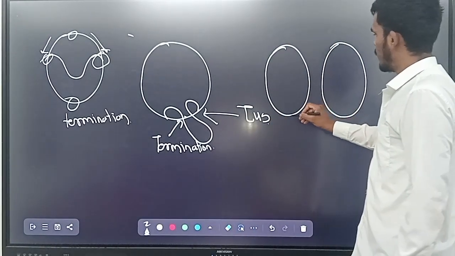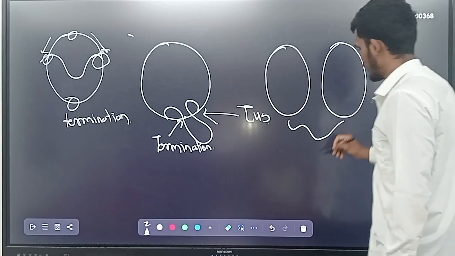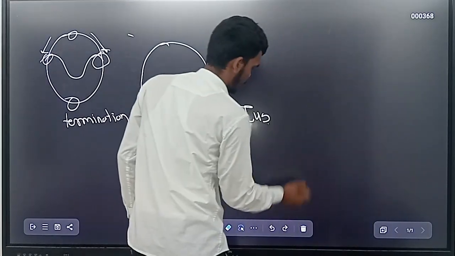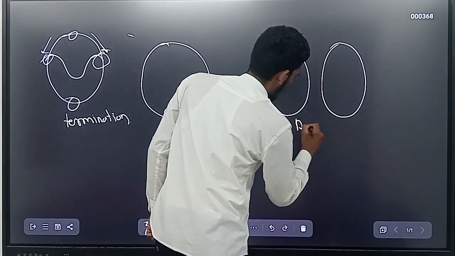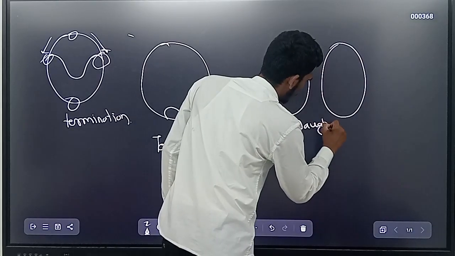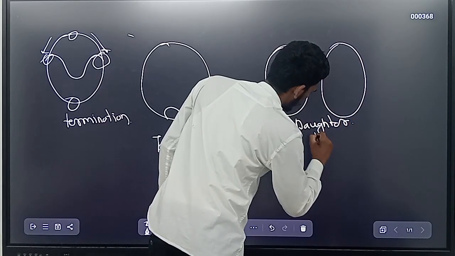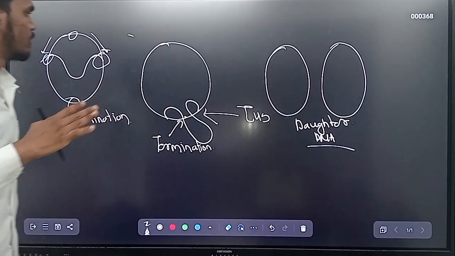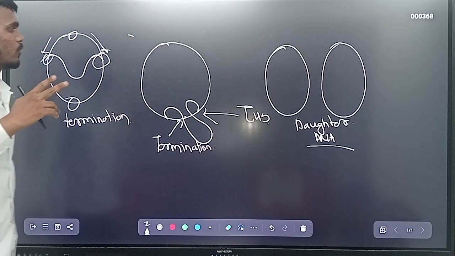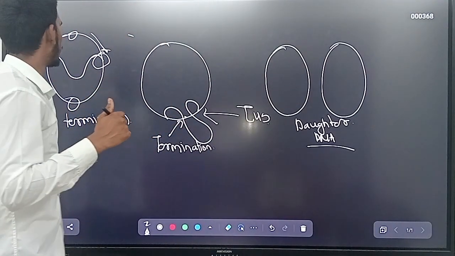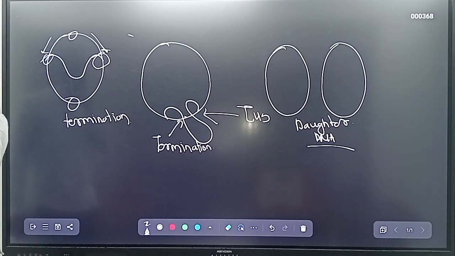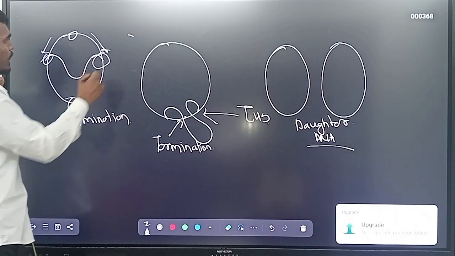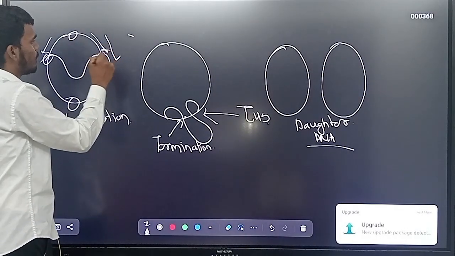So at the end, at the first point there will be primosome formation and helicase activity, and two forks will be formed that will move in a bidirectional format, replication forks moving in bidirectional directions to the terminal point. This is called termination.